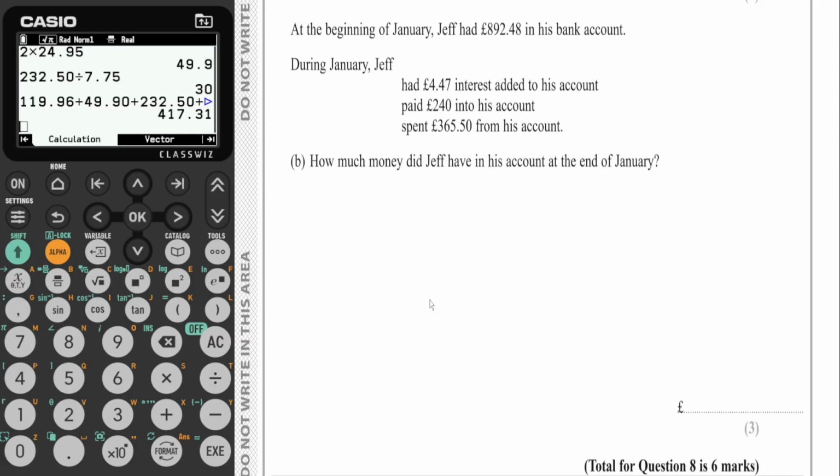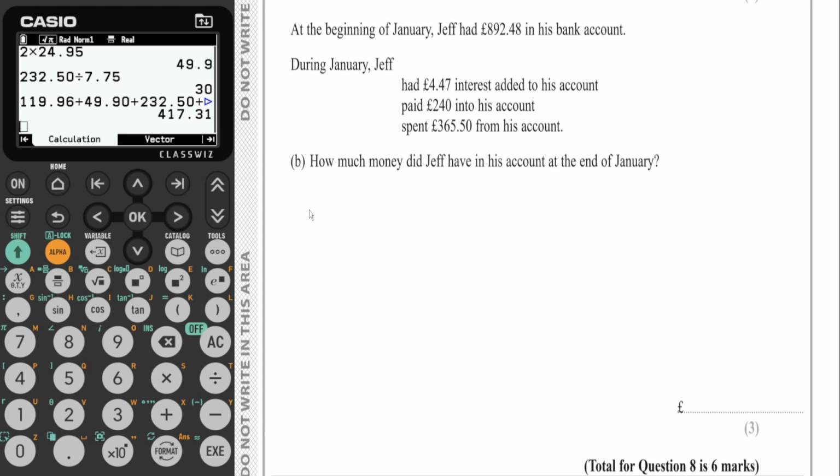At the beginning of January, Jeff had £892.48 in his bank account. During January, Jeff had £4.47 interest added to his account, paid £240 into his account, spent £365.50 from his account. How much money did Jeff have in his account at the end of January?